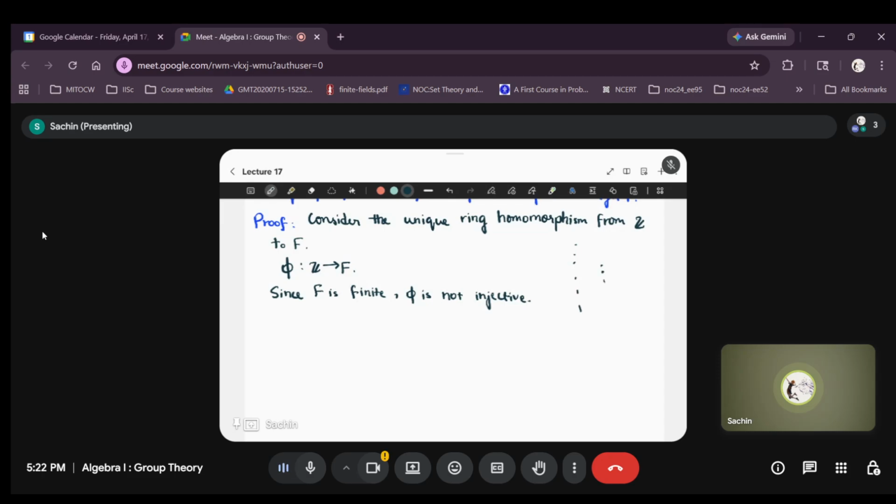Phi has only finite. So there must be multiple elements that go to one thing. So it's not possible to have a one-to-one function between them. And we already saw in one of the classes that if a ring homomorphism is injective, then the kernel is the set containing only the zero element.